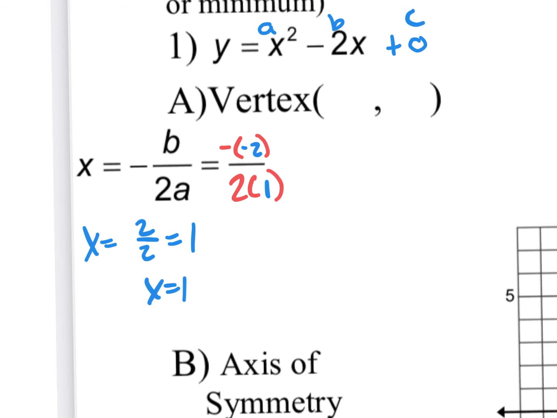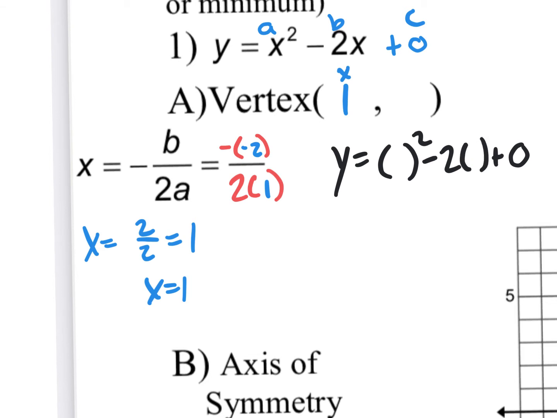And whenever you have an x value and you want a y value, all you have to do is rewrite your original equation, y equals x squared minus 2x. There is no c. If you want, you can put +0, but that's kind of a waste of time. Oh, wait a minute. I shouldn't have put x. I should have put parentheses. Okay, so let's plug in our x value of 1 right there and right there.